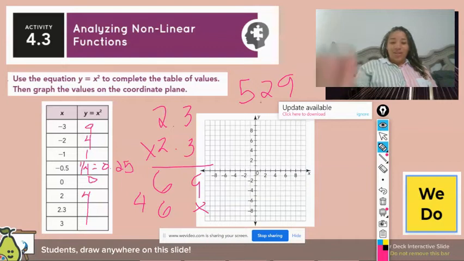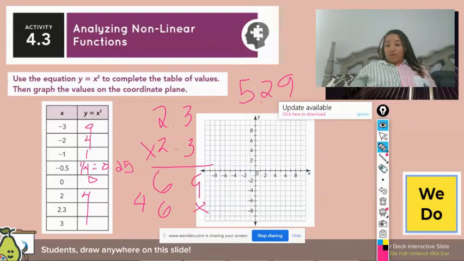And then my answer has 2 decimal places, so it's going to be 5.29. Well, that was a little bit aggressive. And then we have 3, which is 3 times 3, and that's going to be 9. Okay? And that's what that's going to look like.